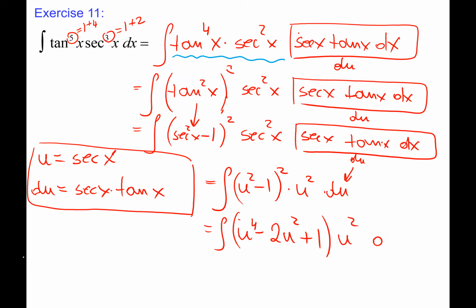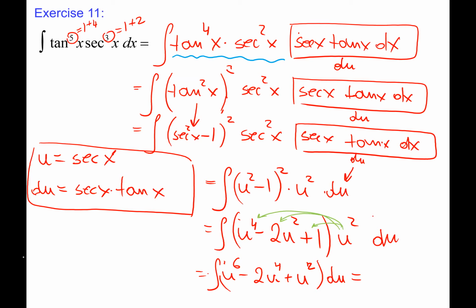And then I will distribute u squared, this times this and times this. What we have is u to the power of 6 minus 2u to the power of 4 plus u to the power of 2.